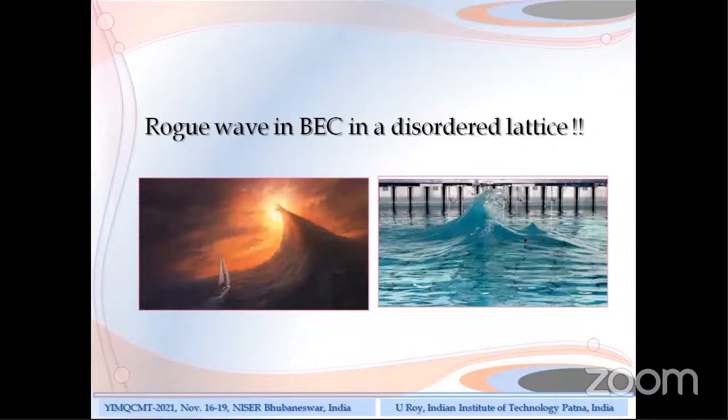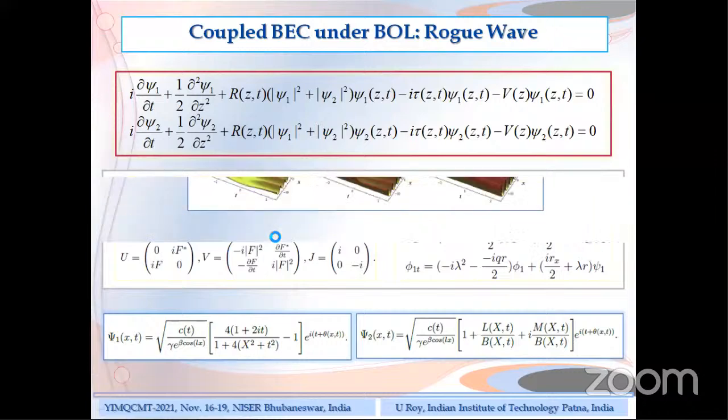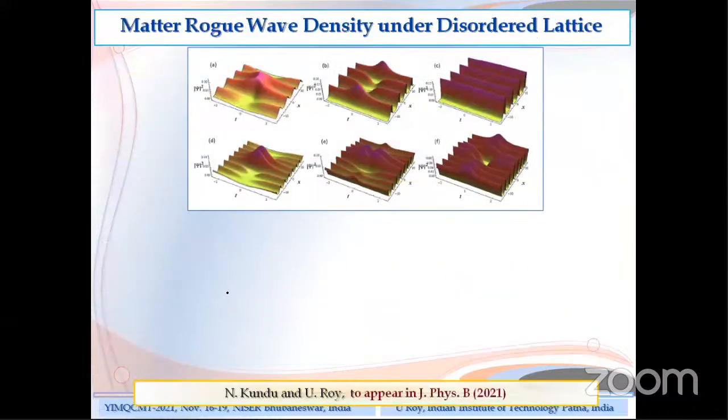And this is one more thing: in a disordered lattice, if you look at the rogue wave, which is a very surprising wave, knowing the formation mechanism and the dynamics is not so easy. Many things are not clear. But if you look at it in the presence of them, and here I have mentioned only the vector BEC, you have two components, and then you can find out the stable structure for both the components.